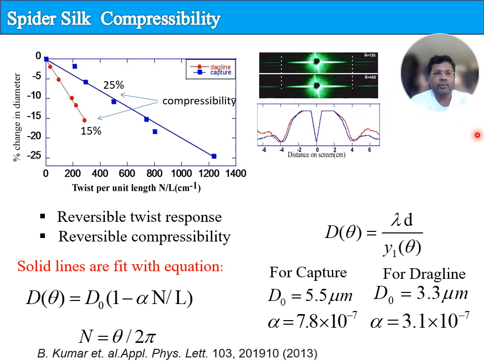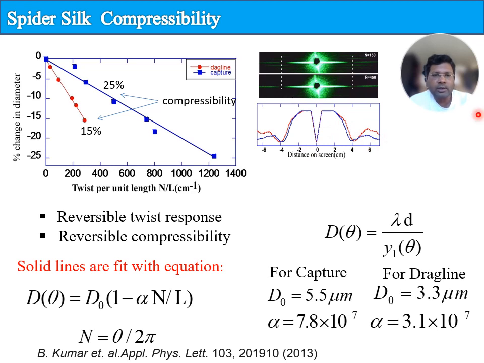To extract the transverse compression, we focus on the central horizontal section between these dotted lines, which corresponds to a single slit diffraction, as shown by this corresponding intensity. Here we take an intensity cut, and this shows the intensity cut.